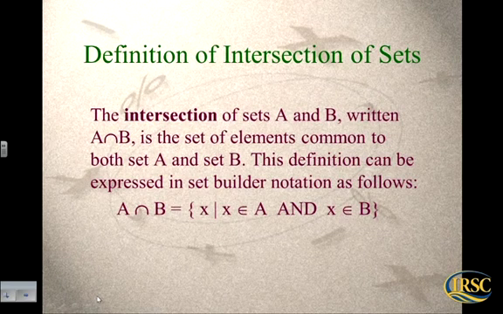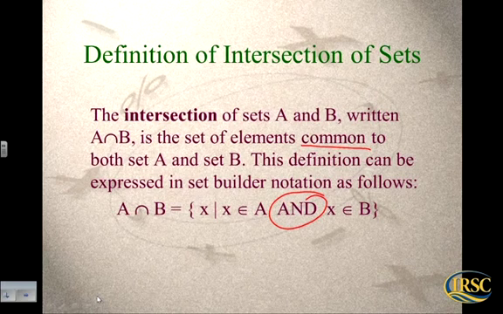Now I want everybody to circle the word "and" that's inside that set builder notation, because "and" is a key word here. "And" is the same thing as the word intersection. So if you're asked to find the intersection of sets A and B, you could also be asked to find all the elements in A and B. So if you just see the word "and," it means the same thing as intersection, and this means that you are looking for what they have in common.